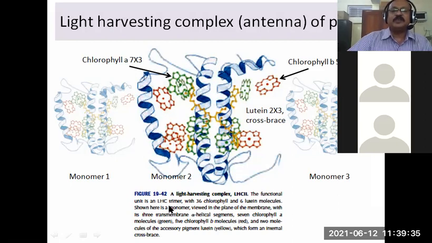So it is a functional trimer. In this particular complex, there are a total of 36 chlorophylls. How 36? 21 of this type and 15 of this type. Are you getting it? Chlorophyll A 21 and chlorophyll B 15. So the total is 36 chlorophyll molecules, and there are 6 lutein molecules.